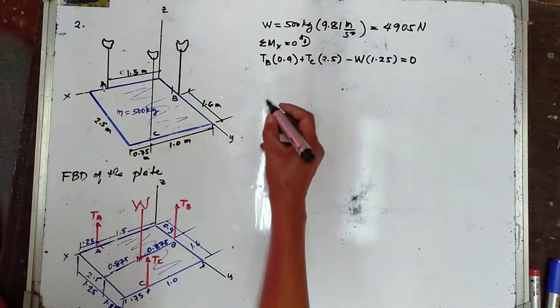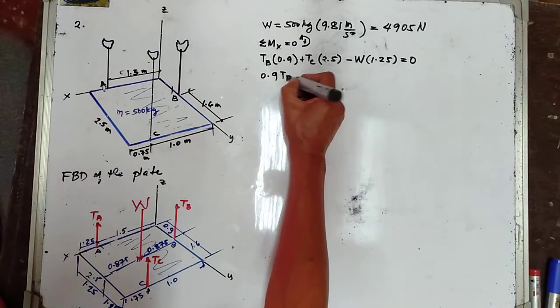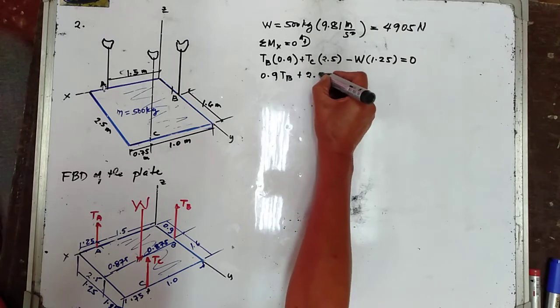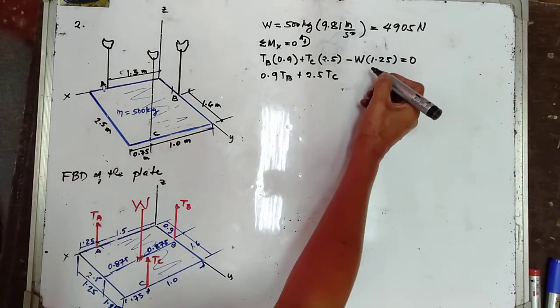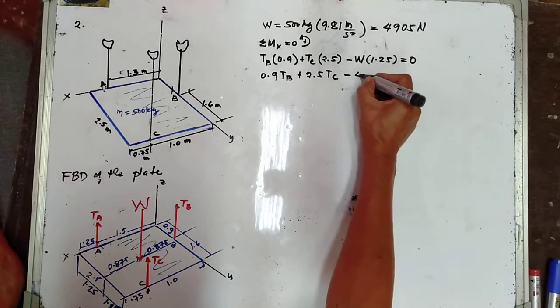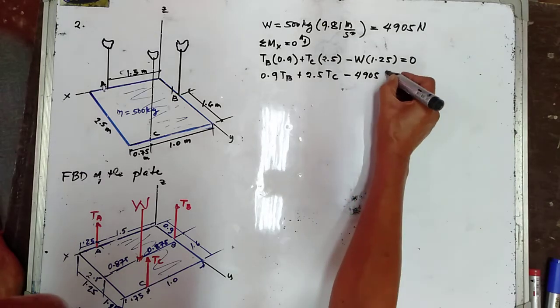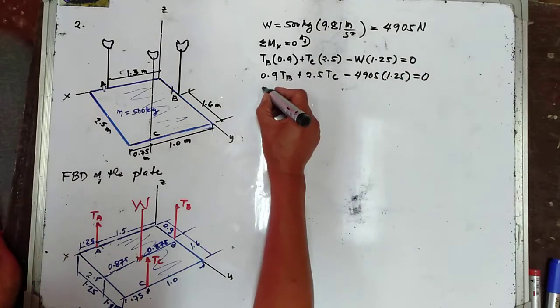And that one is equal to 0. 0.9 T sub B plus 2.5 T sub C minus 4905 by 1.25 is equal to 0.